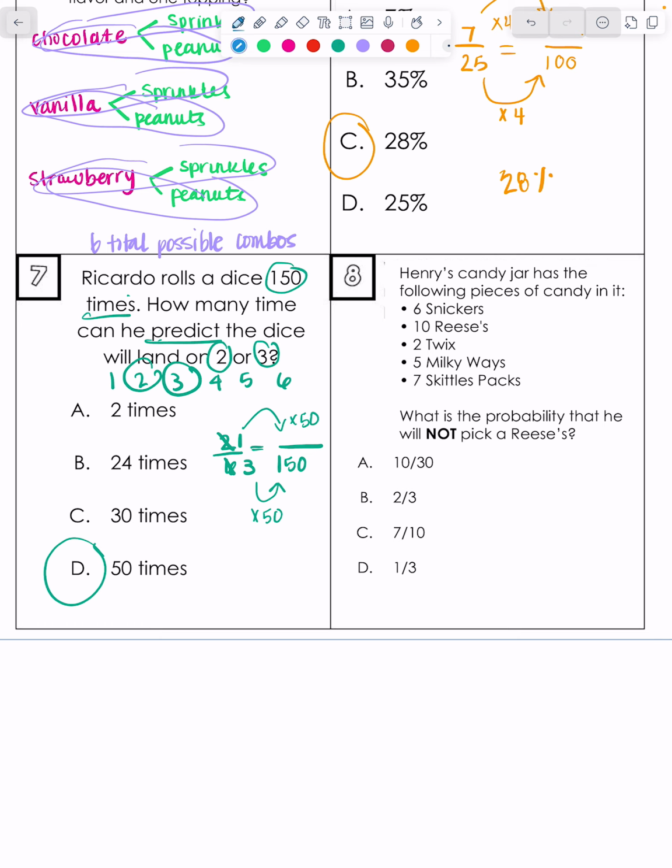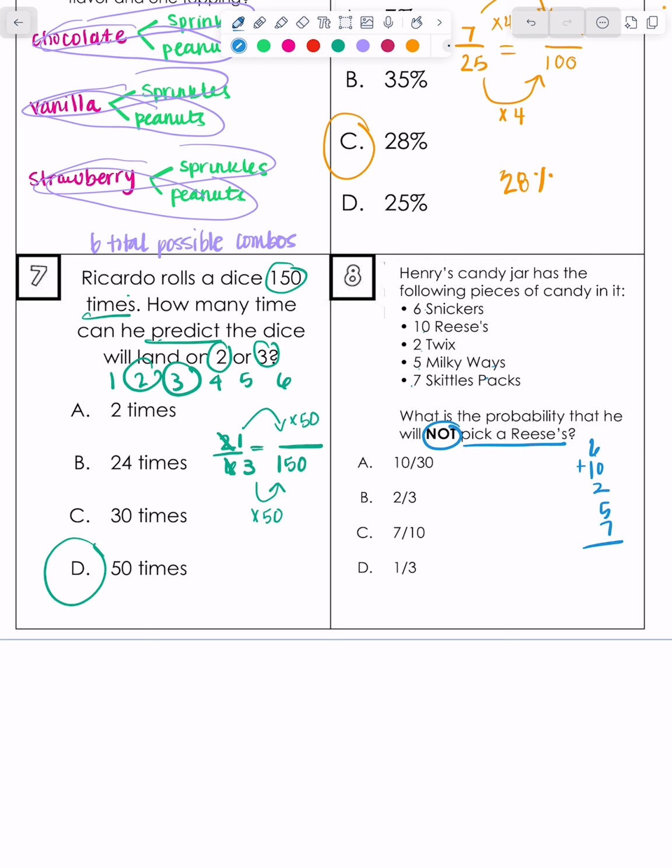Henry's candy jar has the following pieces of candy in it: 6 Snickers, 10 Reese's, 2 Twix, 5 Milky Ways, and 7 Skittle Packs. What's the probability he will not pick a Reese's? So this is, remember, a complement when it's not going to be picking. So we're going to add up 6 and 10 and 2, 5, and 7.